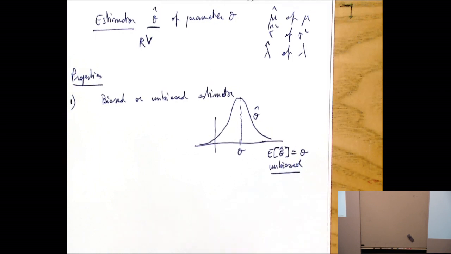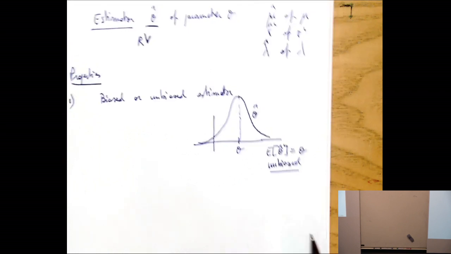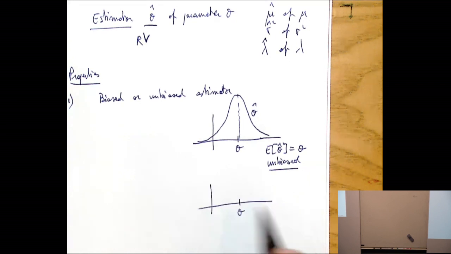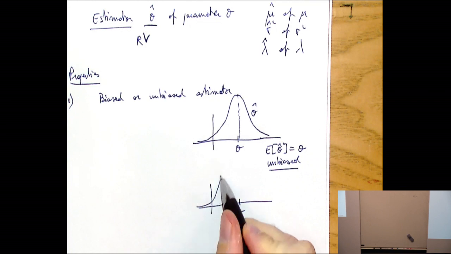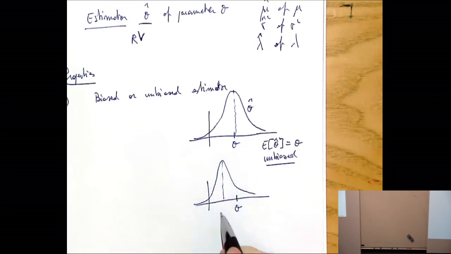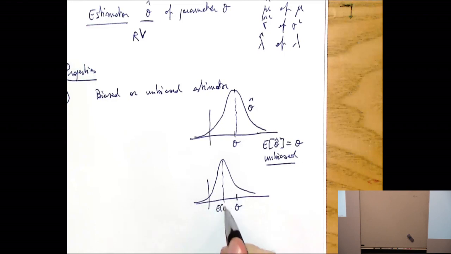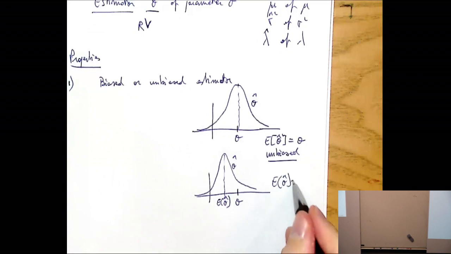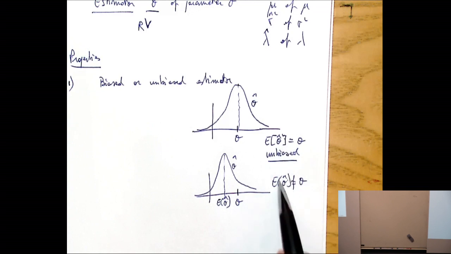On the other hand, if you have a situation like the following one, you have parameter theta, and you have a distribution that is something like this, right? So in this case, this is the distribution of theta hat, and the expectation of theta hat is different than theta, right? I use square bracket or rounded, it doesn't matter, right?